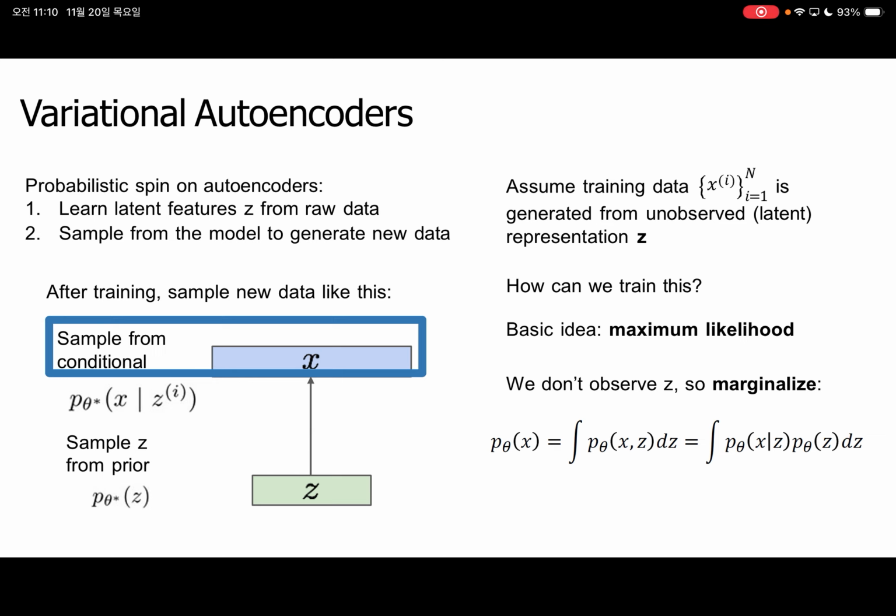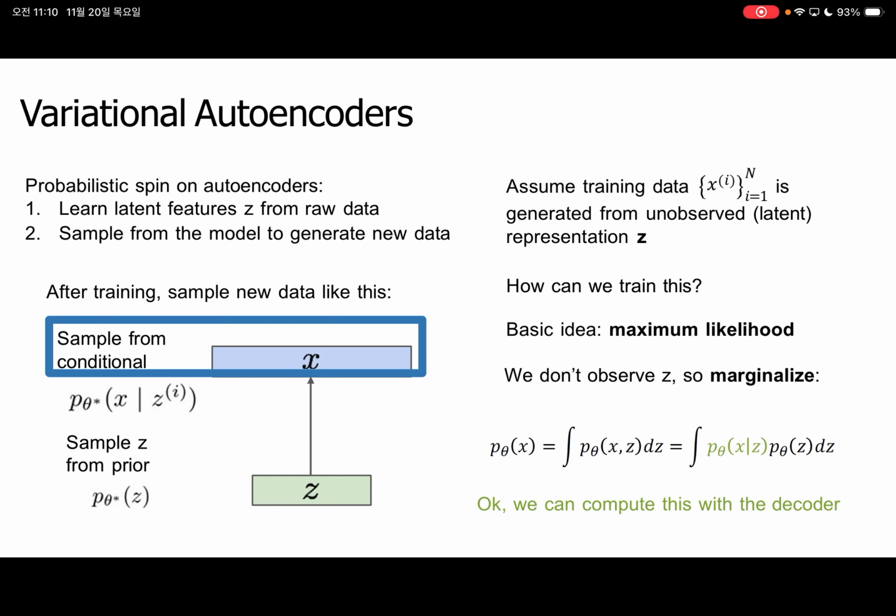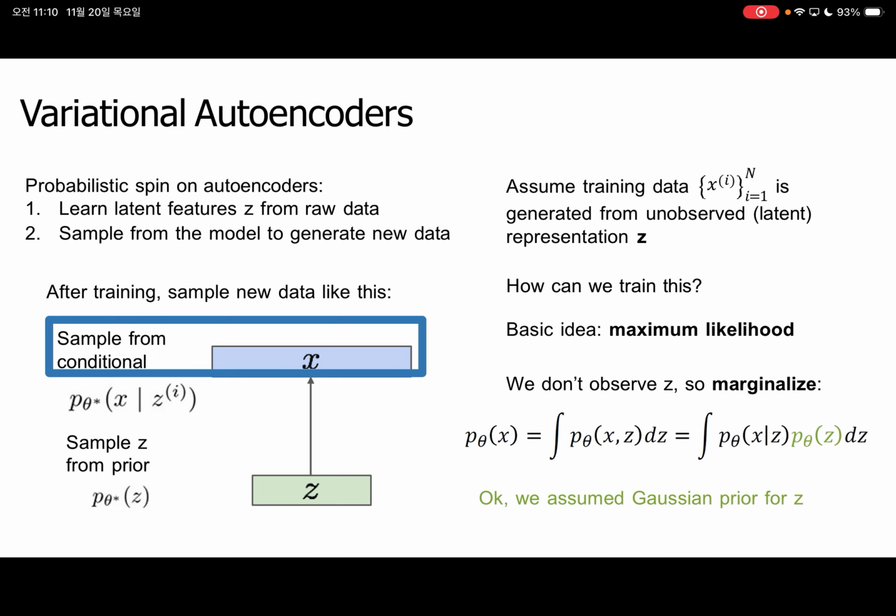We do not have an observation for Z. Z is a latent feature, so we do not have an observation. So we would like to marginalize this. This is just the joint distribution, and we can marginalize by decomposing it into the conditional and prior distributions. This one we can compute with the decoder, right? And for p(Z), we also assume that Z follows a normal Gaussian distribution.